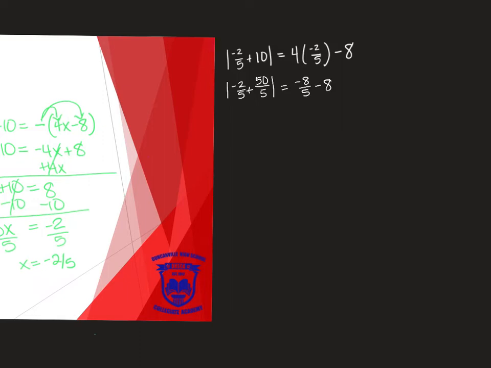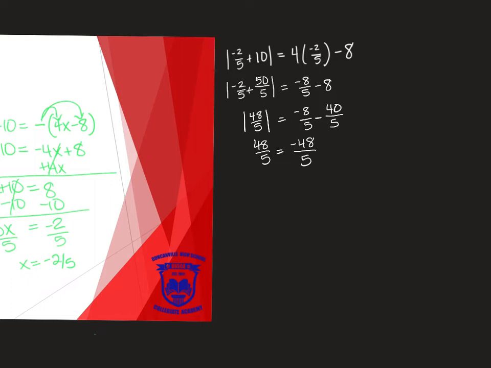So negative 2 over 5 plus 50 over 5 is going to give me the absolute value of 48 over 5. And this would be negative 8 over 5 minus, need a 5 in the denominator. 5 goes into 40 to give me an 8. So that's going to be absolute value of 48 over 5 is 48 over 5. Negative 8 minus 40 is negative 48 over 5.